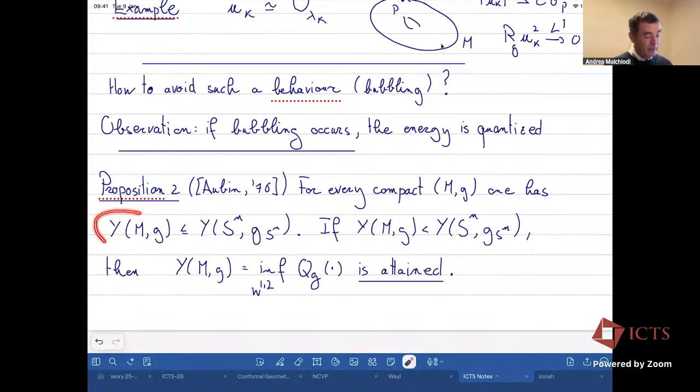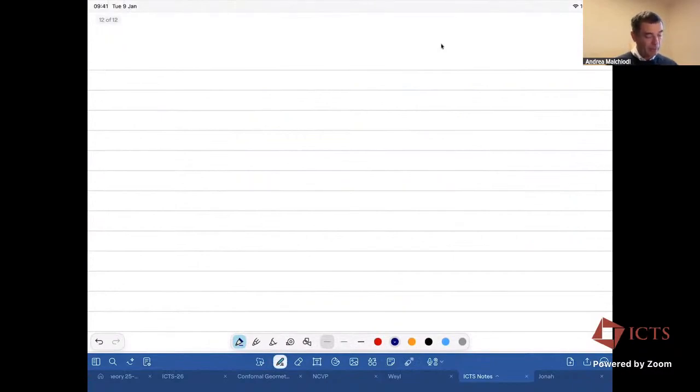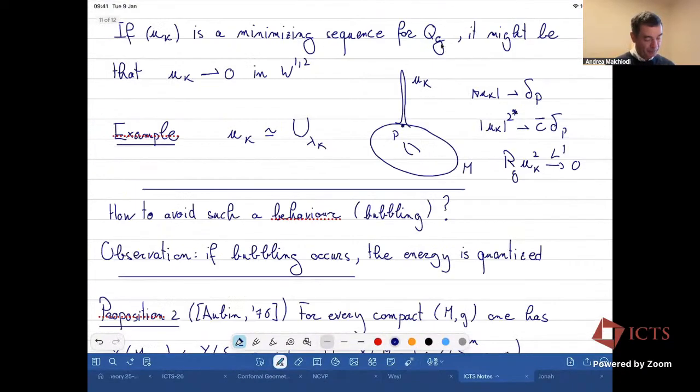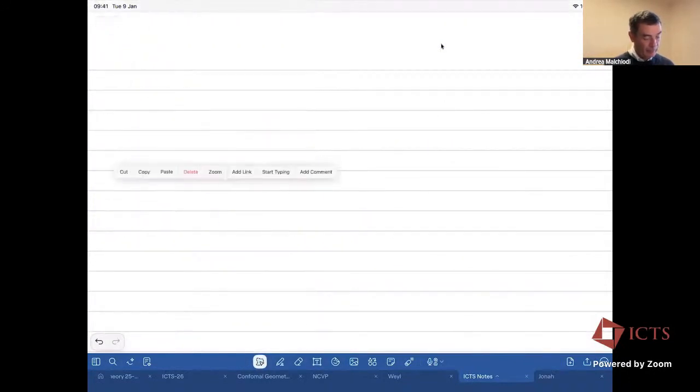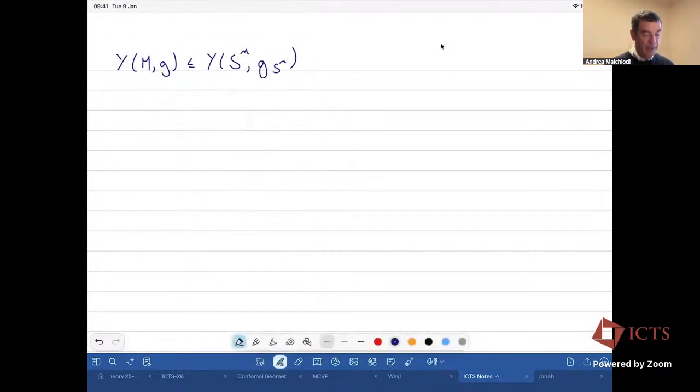How to prove the weak inequality? That's rather easy. I'll draw a picture. The idea is that on a small scale, every manifold, so I take my manifold M, I can basically localize the infimum.